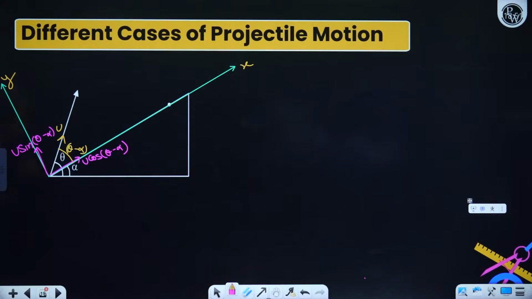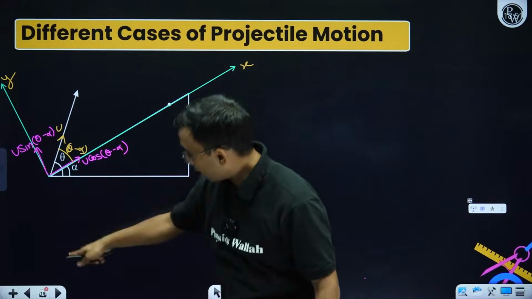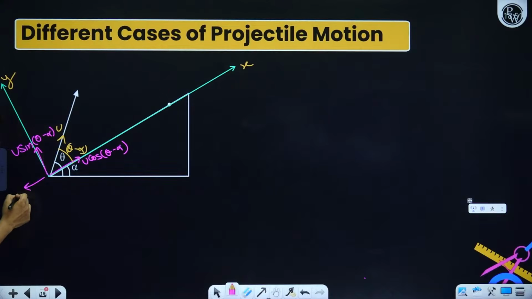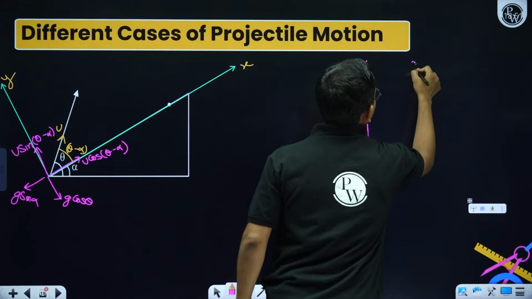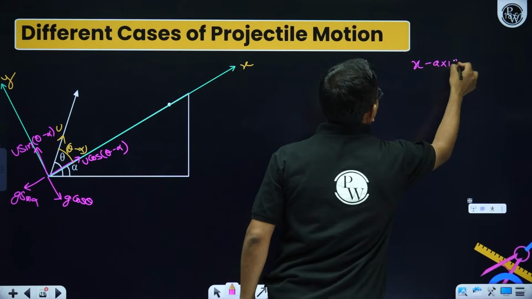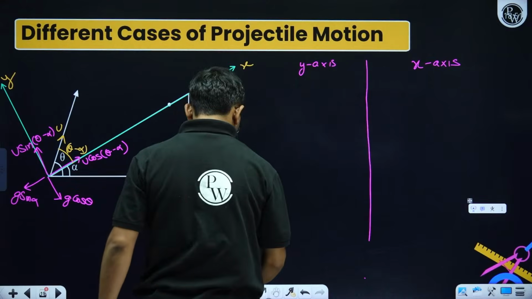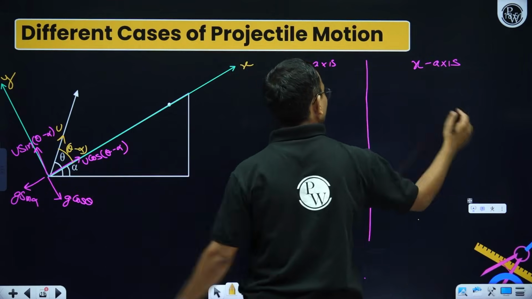Now take the acceleration component also. Acceleration is in the downward direction, g. This component will be g sin alpha. This component will be g cos alpha. Now write the motion along x-axis, along y-axis. Initial velocity along x-axis, u cos of theta minus alpha.